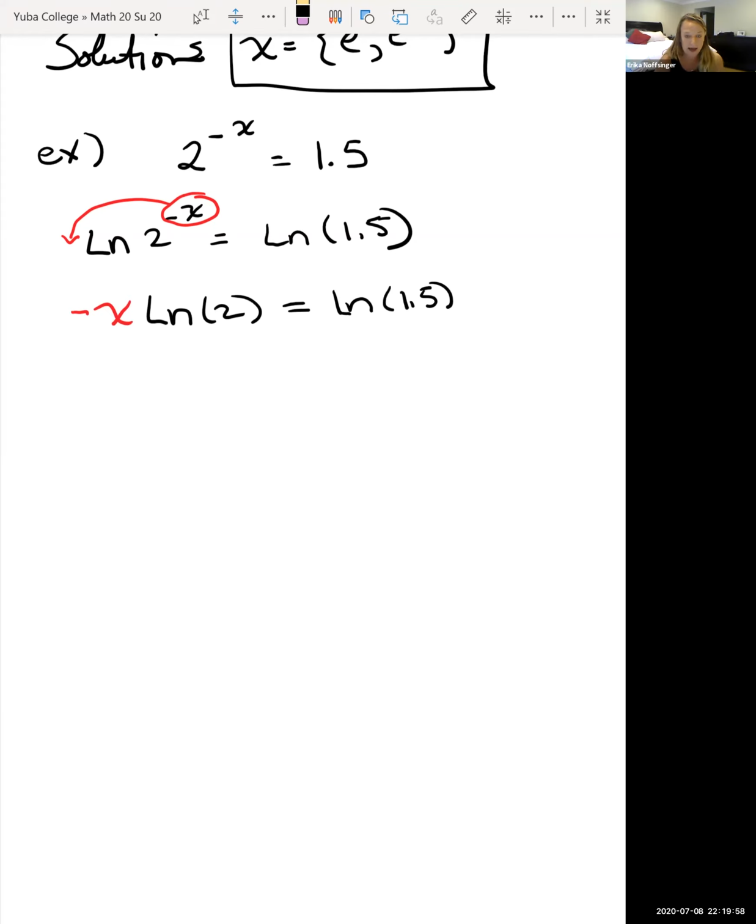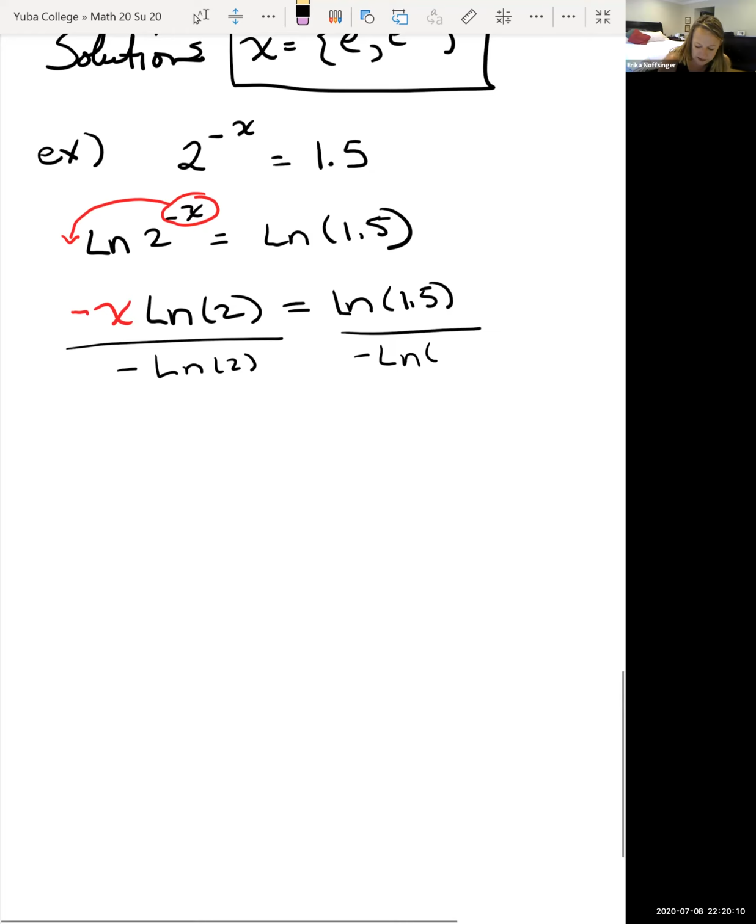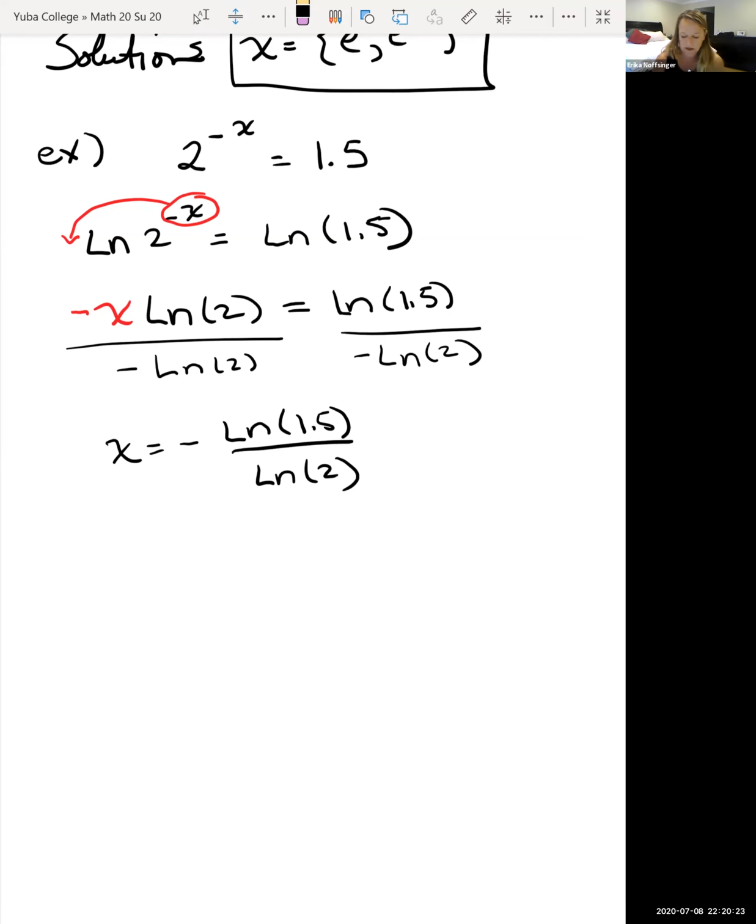So notice we can get x by itself if we divide both sides by negative natural log of 2. So x is equal to negative, I can pull that negative out front, natural log of 1.5 all over natural log of 2. Don't get confused. We can't cancel out natural logs.